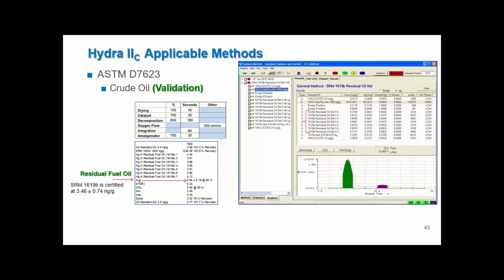It came in at 3.94 nanograms per gram, which is well within that certified range. So we can run multiple matrices on a single calibration curve in one afternoon and meet the requirements for all 3 of these global methods. I just think that's really impressive.